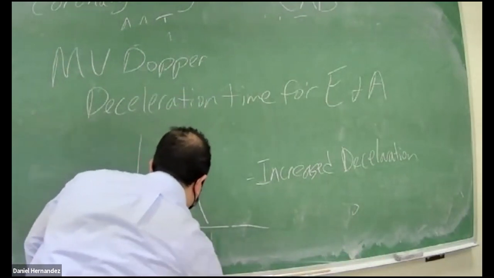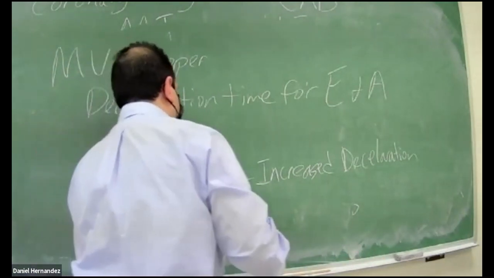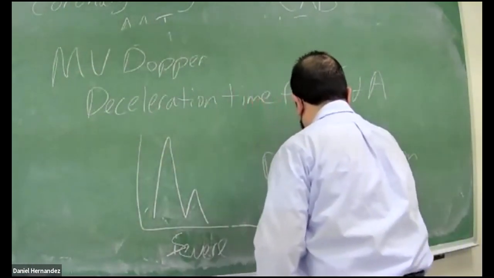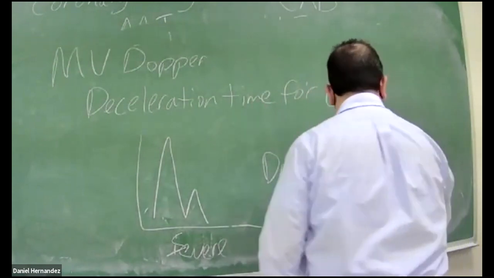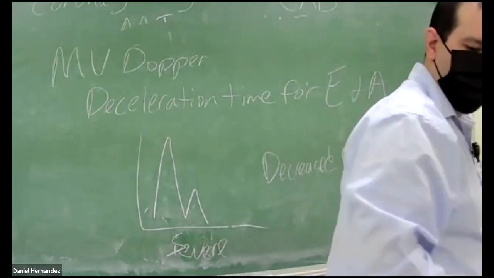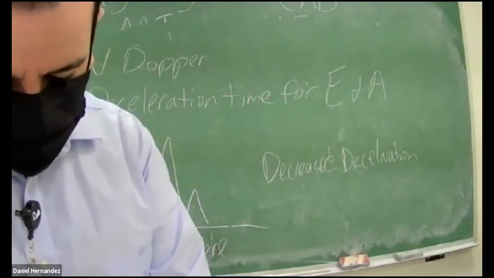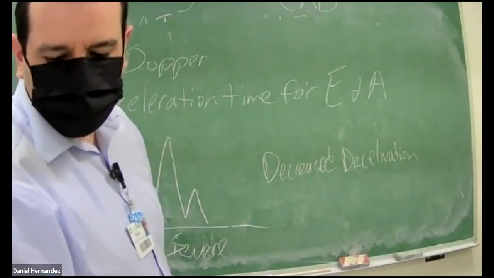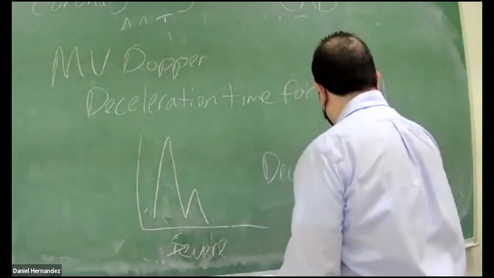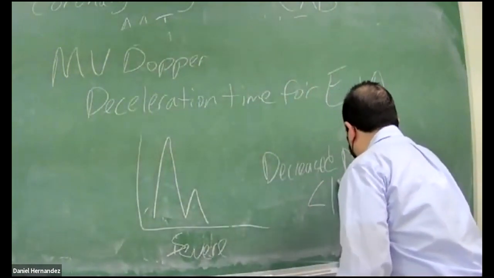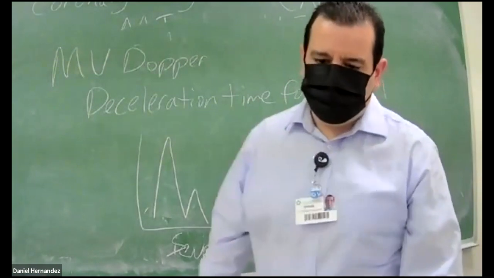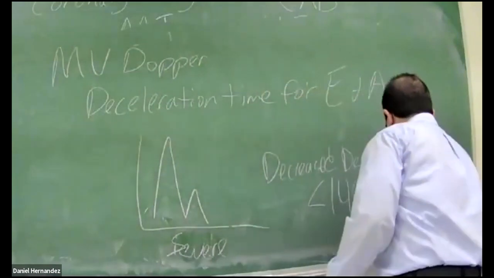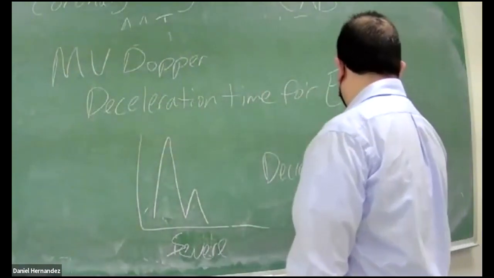So severe diastolic dysfunction, you're going to have decreased deceleration time. So with severe, it's going to be less than 140, what do we say, microseconds, right? Yes, MS. Milliseconds, right? Milliseconds.